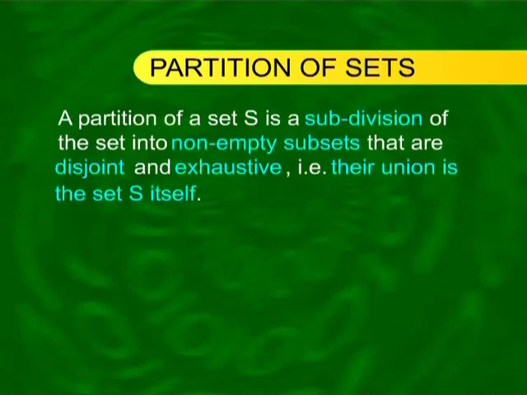The next concept is that of the partition of a set. And as you now see on the screen, a partition of a set S is a subdivision of the set into non-empty subsets that are disjoint and exhaustive. That is, their union is the set S itself.